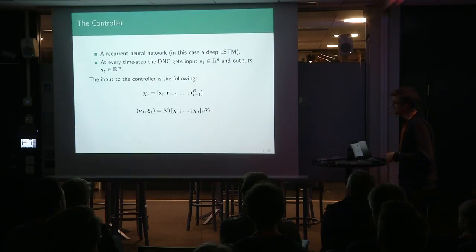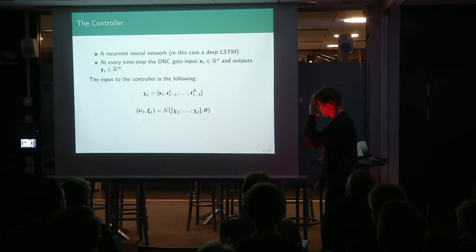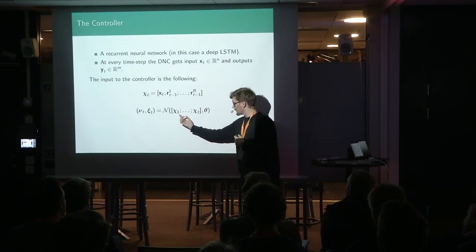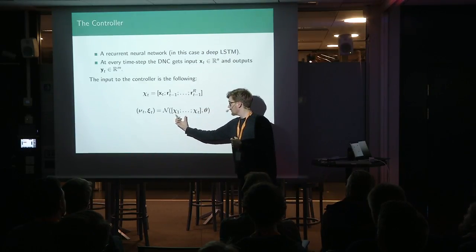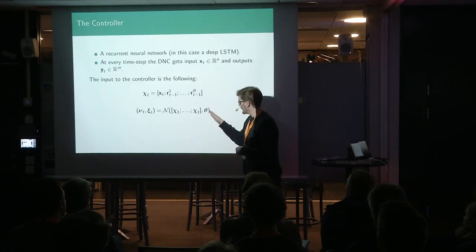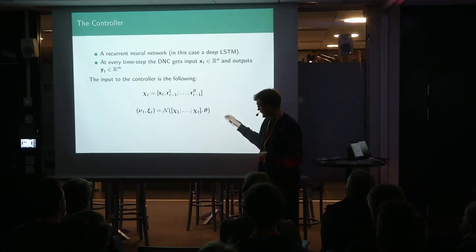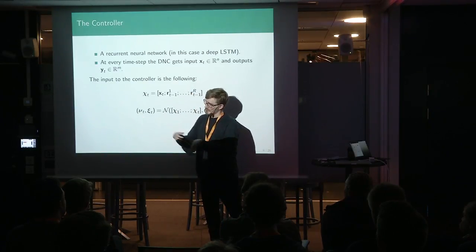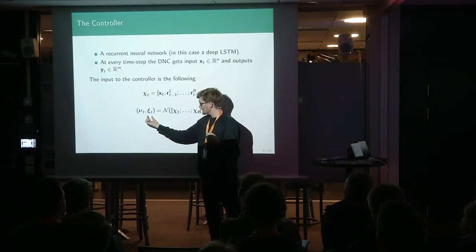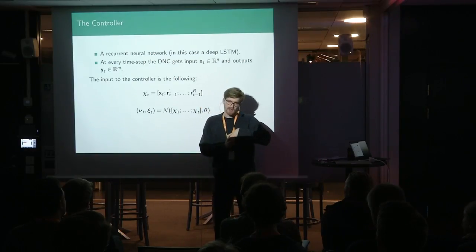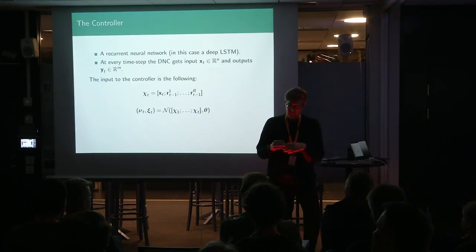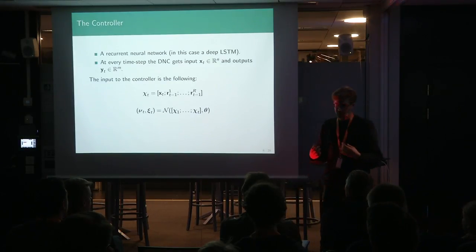So you can view the controller as this network M, a function of all the input it has seen so far and some parameter values theta, and it outputs a vector nu_t, which will be used for the output, and an epsilon_t, which is called the interface vector and manages the communication with the memory.